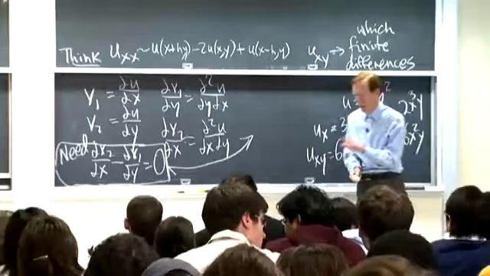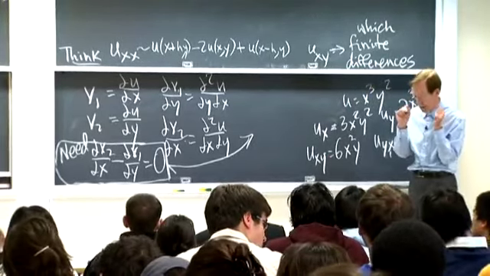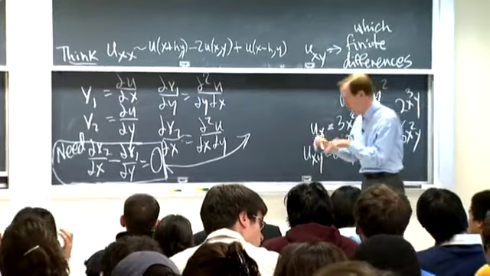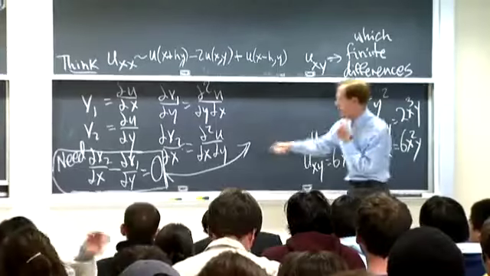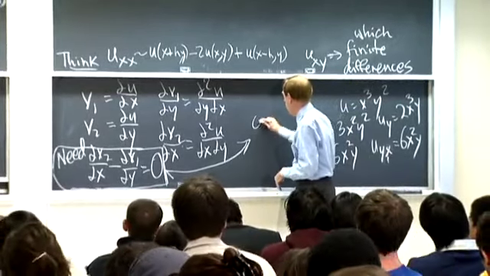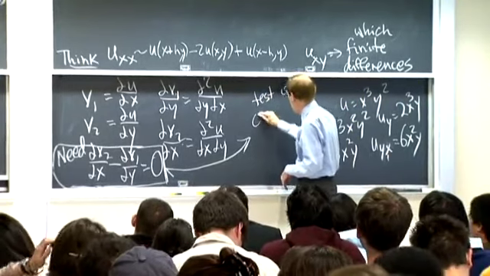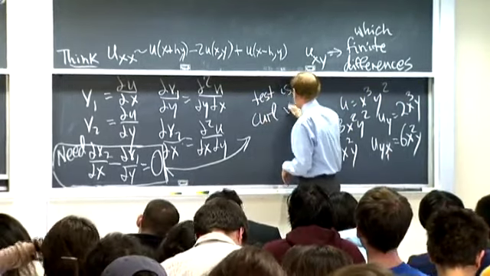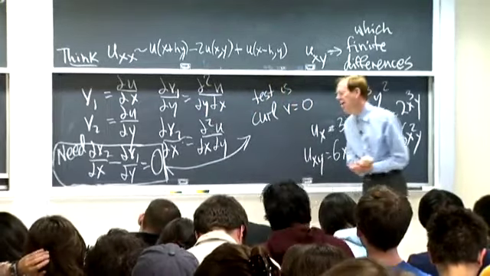May I use the word curl, and I'll say why I'm not going to do everything properly with curl right away. I would describe this as curl. The test is the curl of V has to be 0. So for me, that's the curl of V.